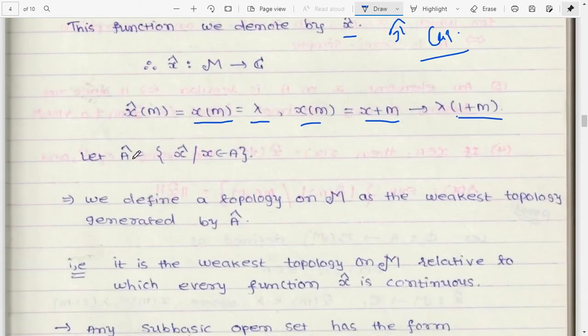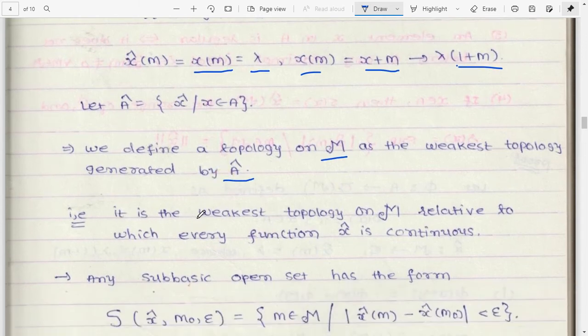Let A cap be the set of x cap such that x belongs to A. We define a topology on script M as the weakest topology generated by A cap. That means it is the weakest topology on script M relative to which every function x cap is continuous.